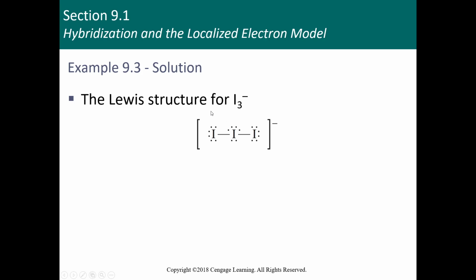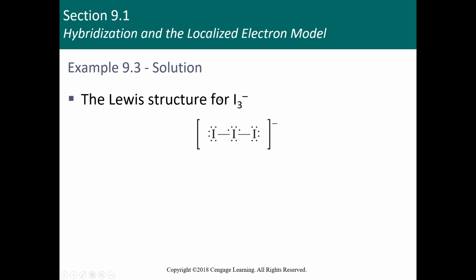And if it's negative, you'd put brackets around it and a negative sign to dictate that that is negative. Remember that you would add up your electrons in your valence shell from the groups on your periodic table, and then you would add a single extra electron because that is a -1 charge. Electrons have a -1 charge.